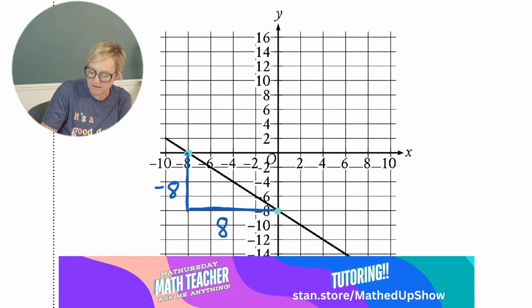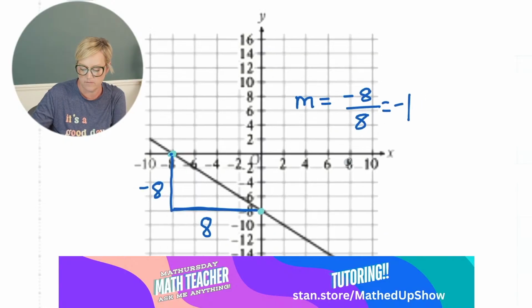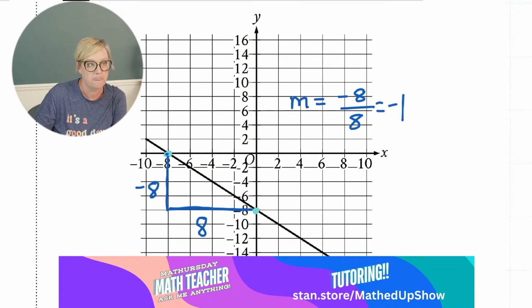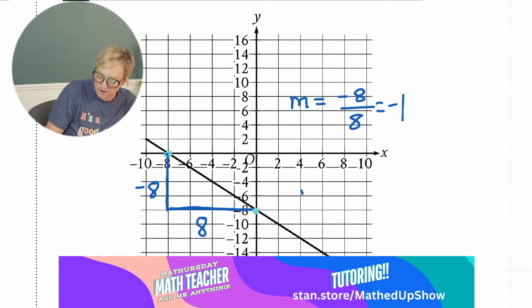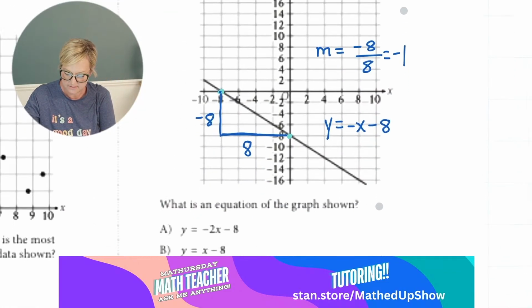That means my slope is -8 over 8, which gives me a slope of -1. So my equation is going to be -x minus 8, which is C.